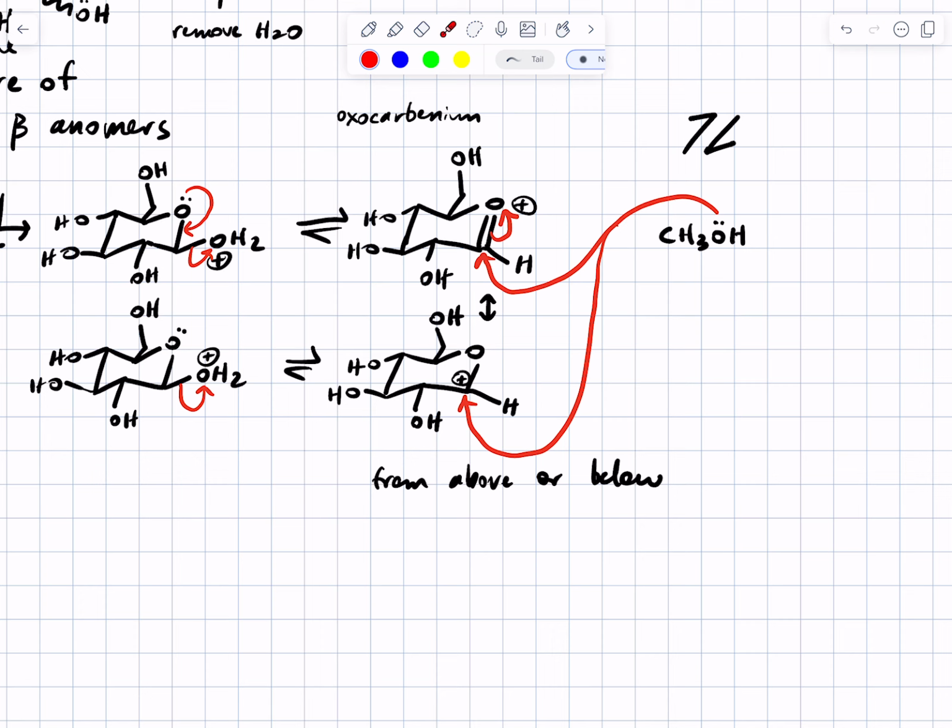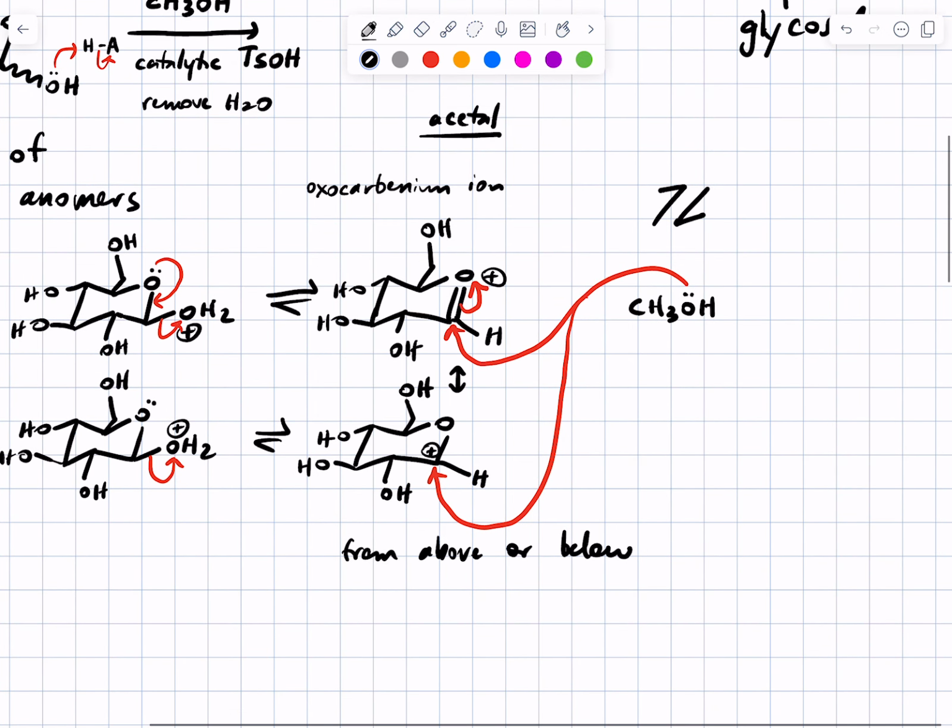For glucose, the presence of the stereocenters at C2, 3, 4, and 5 means that the top face of the oxocarbenium ion is not the same as the bottom face. So there can be a preference for one versus the other. Nevertheless, we would expect mostly to see a mixture of the two anomers.